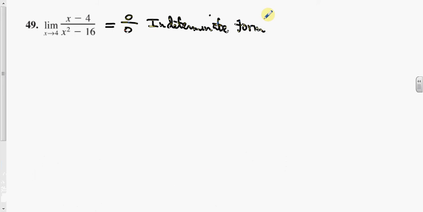If it's an indeterminate form, we can do one of three things. In Calculus 1, we do one of two things.